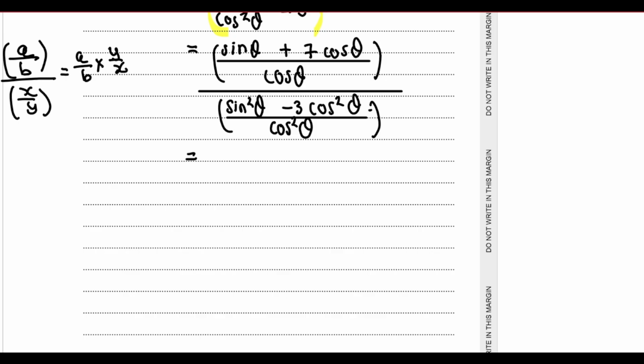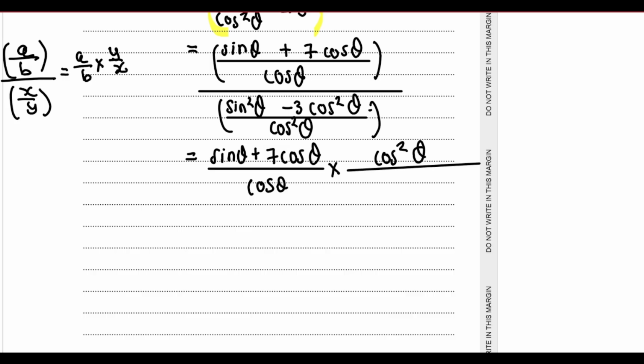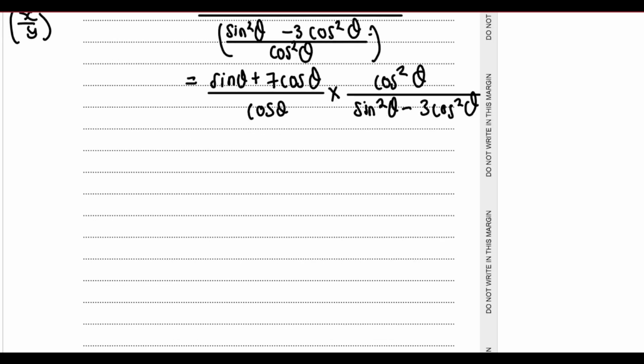We'll end up having that multiplying with cos squared over all the numerator. A cos can cancel. We'll have one cos left over there.